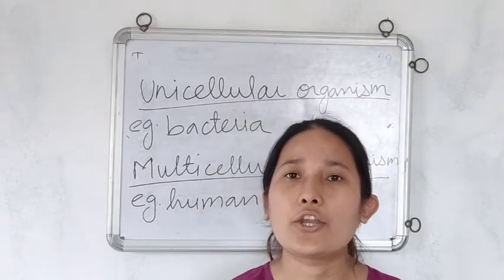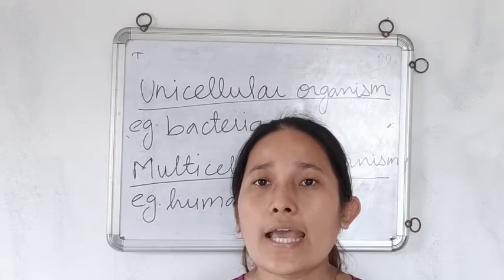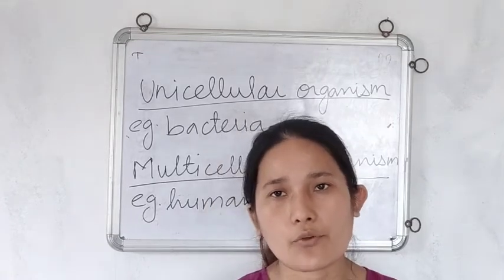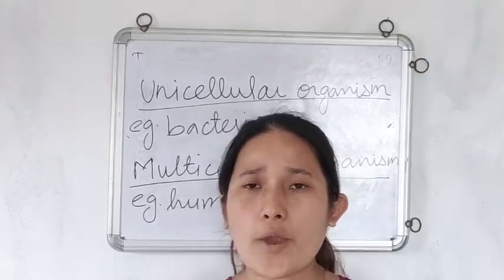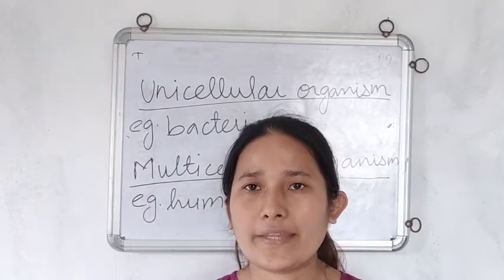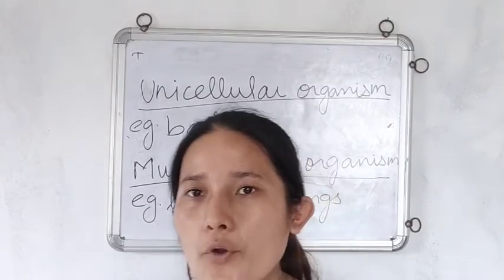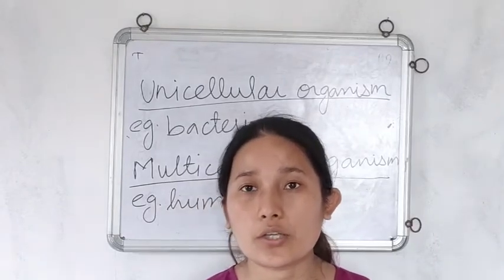White blood cells are of amoeboid shape. Amoeboid means irregular; it can take any shape. Why is it so? Because a white blood cell has to reach the site of infection, and the site of infection can be at any corner of your body, so white blood cells are irregularly shaped.